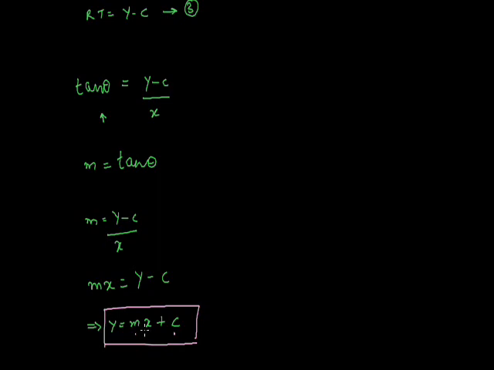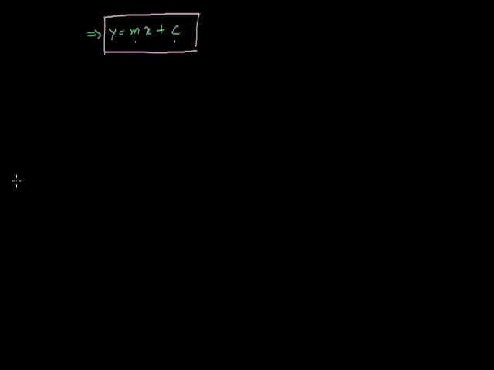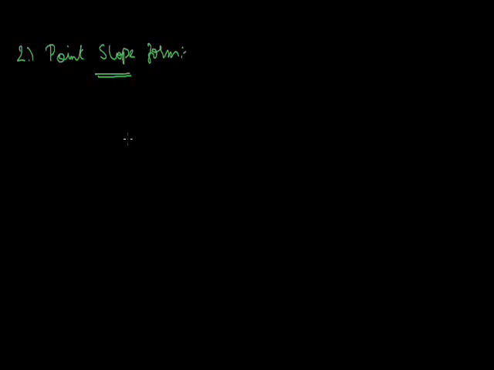From this form, we'll move on to another form, the second form of the line through which we can depict it, that is point-slope form. Point-slope form of the equation.